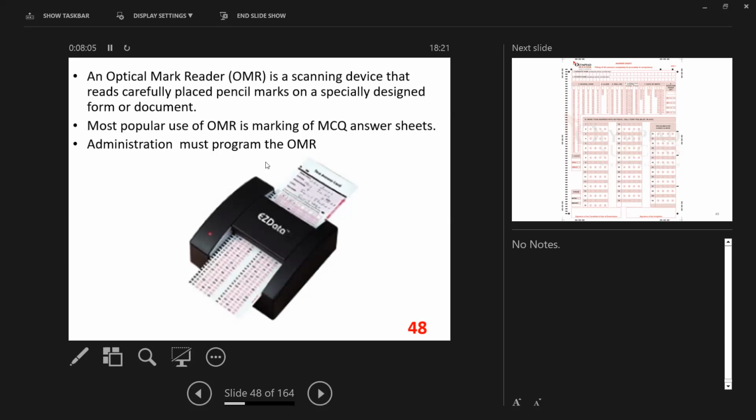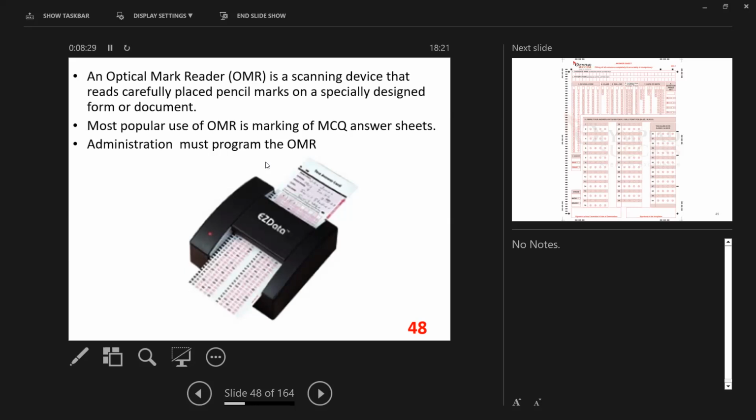But if we use OMR sheets to scan the MCQ papers, it automatically scans and gives the results within 1 day. The entire paper bundle will be marked and given within 1 day.